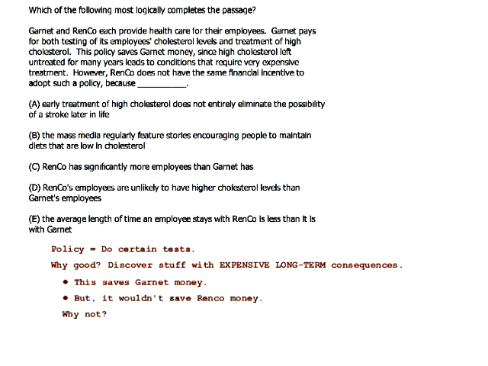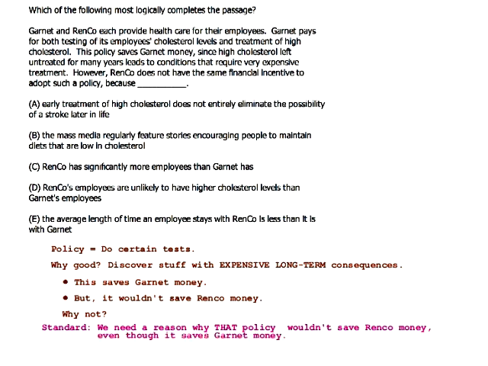The standard that we would need here is the reason why that policy wouldn't save Renko money, even though it saves Garnet money. That policy, meaning that one.